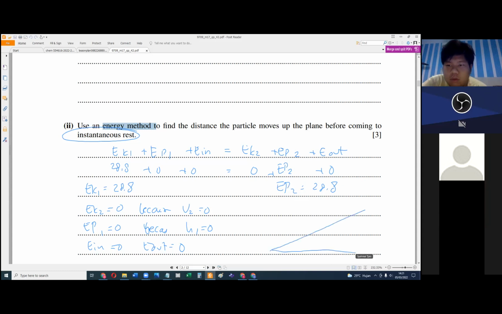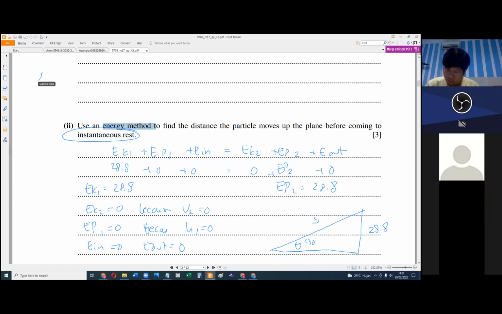Now let's see here. If we make a sketch, this is the angle theta, which is 30 degrees, and 28.8 is the vertical distance. They are not asking for this, they are asking for the distance moved.